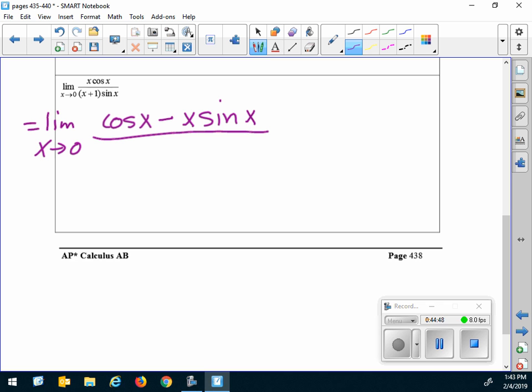The denominator, I'm also going to use product rule. Derivative of the first is 1 times the second. Derivative of the second is cosine x. Did I screw that up anywhere?